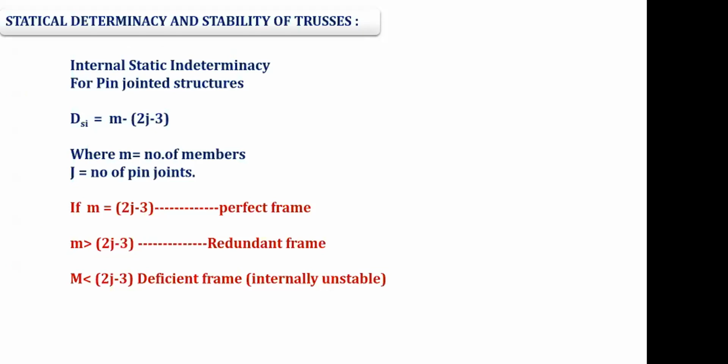So if you want to calculate total static indeterminacy, we have two types: external indeterminacy and internal indeterminacy. External indeterminacy equals the number of unknowns minus equilibrium equations, plus internal indeterminacy M minus 2J minus 3.